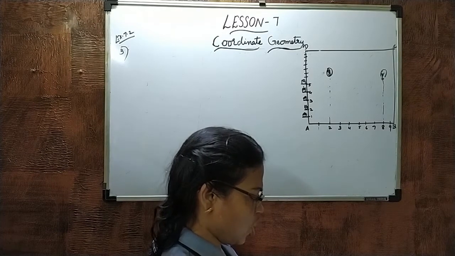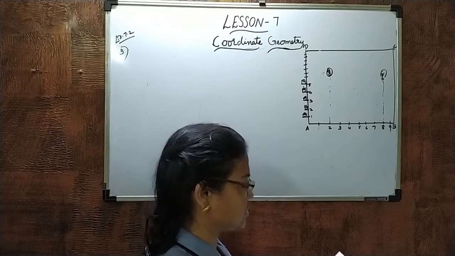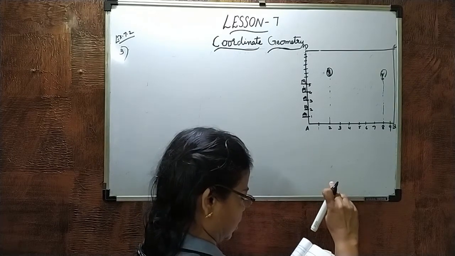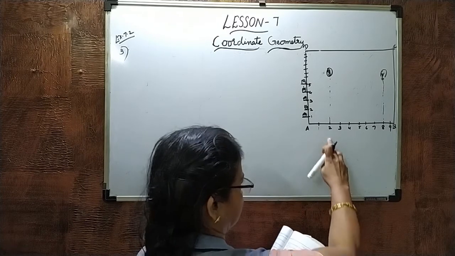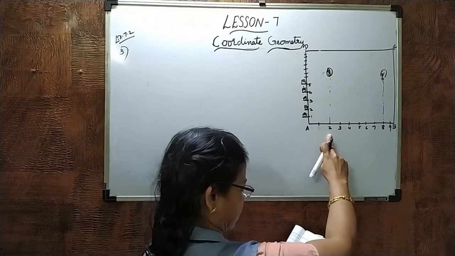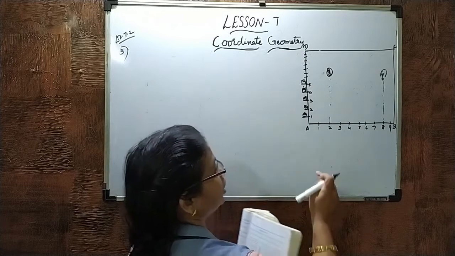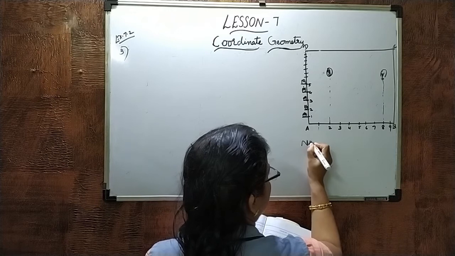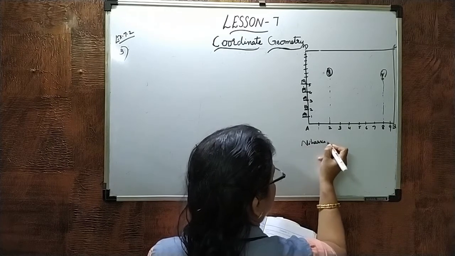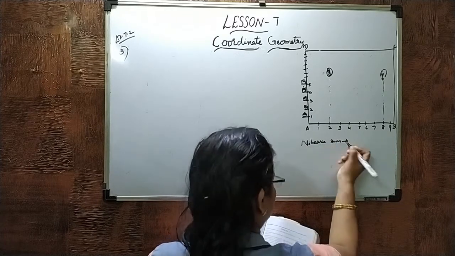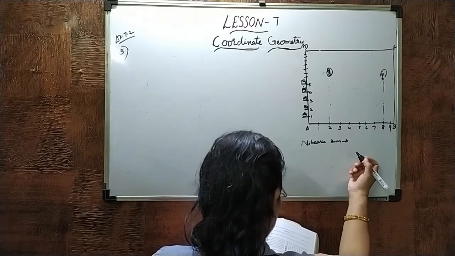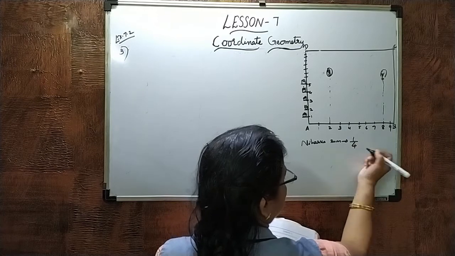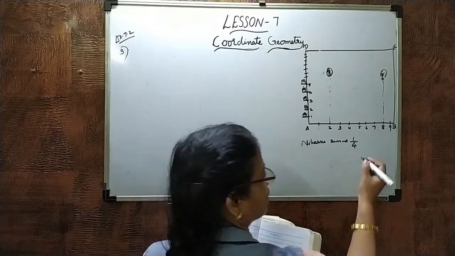Niharika runs 1/4 the distance AD. So Niharika runs 1/4 the distance of AD on the second line and posts a green flag. 1/4 in the distance means of the distance AD.